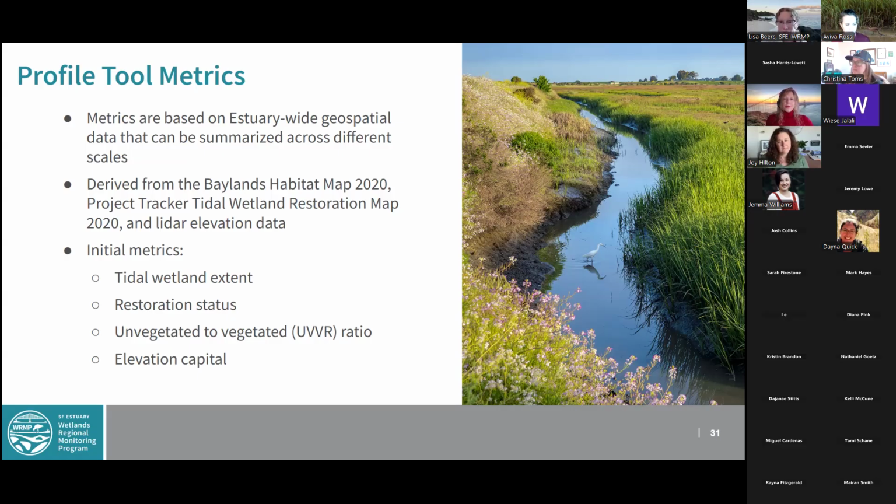And the initial metrics that we have included are tidal wetland extent, restoration status, unvegetated to vegetated ratio, or UVVR, and elevation capital. And I will go into each of these data layers and metrics now.